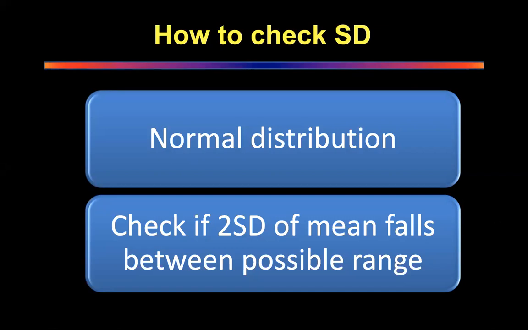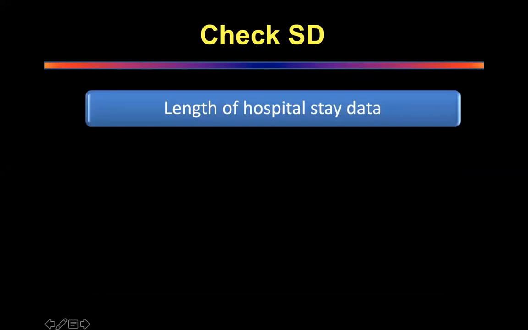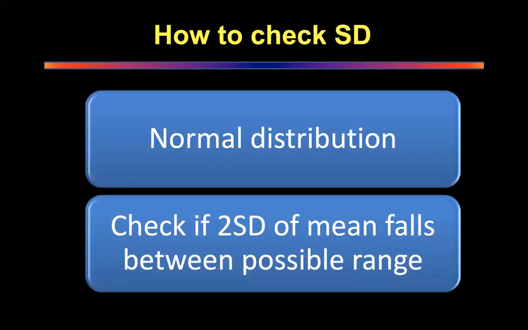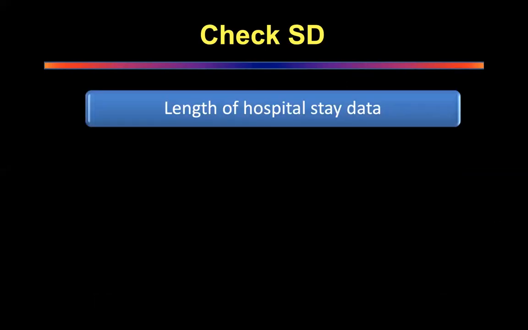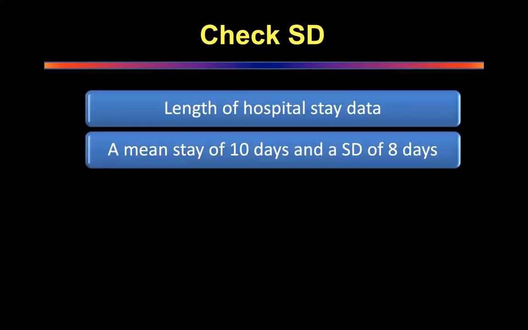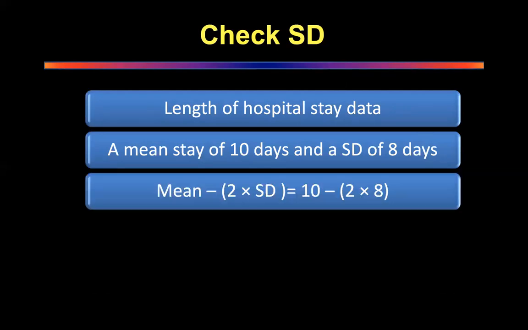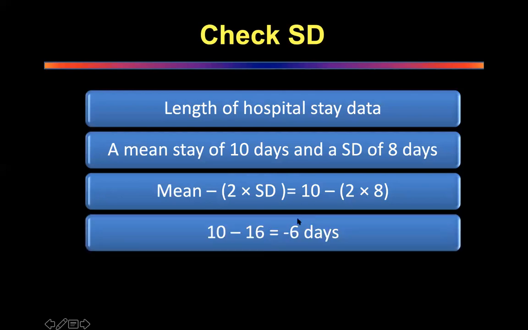So if you want to check that a paper has the distribution in a particular patient group normally distributed, take the mean, take the standard deviation, multiply it by 2, and take it away from the mean. So mean minus 2 standard deviations. If the number that you get is sensible, then it is okay.